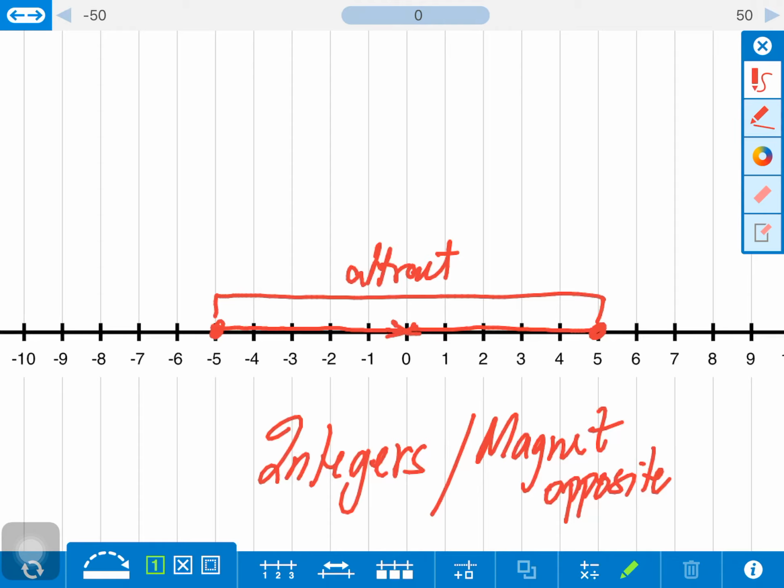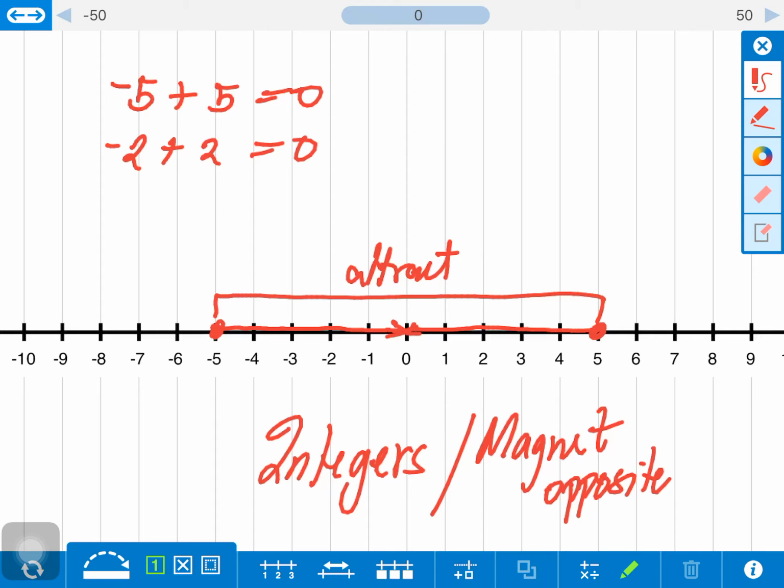So if, for example, you have negative 5 plus 5, the answer is 0. If you have negative 2 plus 2, the answer is 0. This is based on the property of real numbers for addition, which is the inverse property.